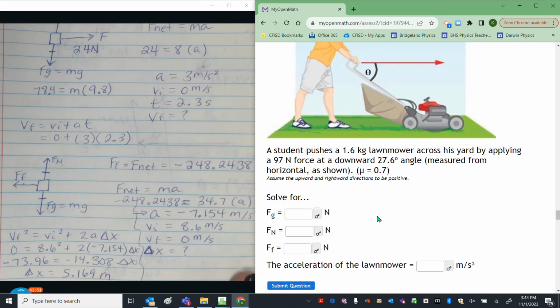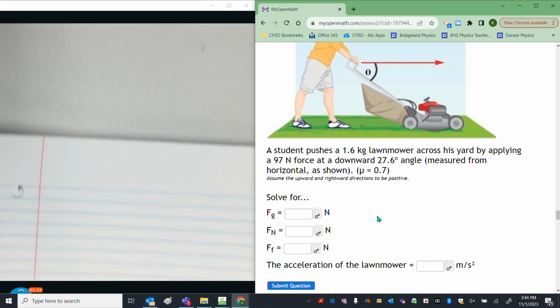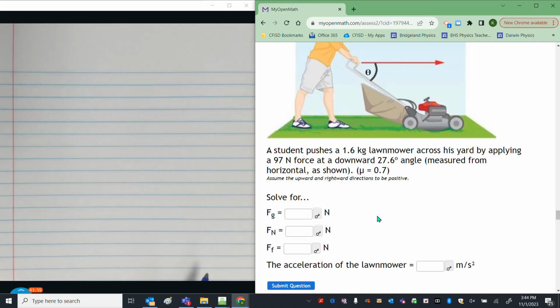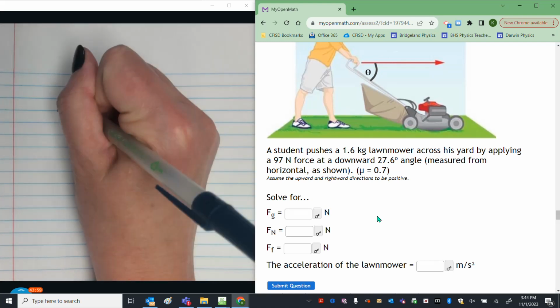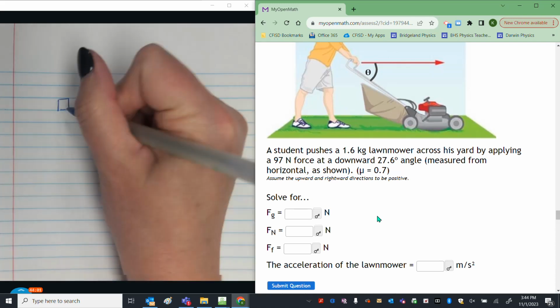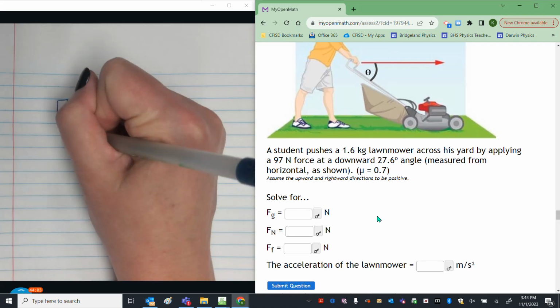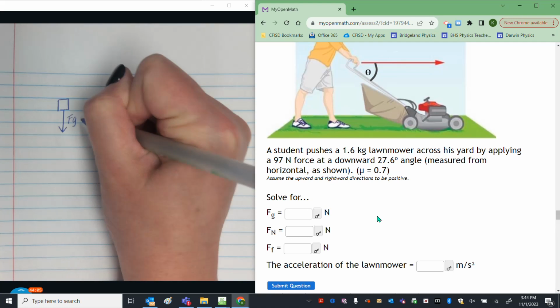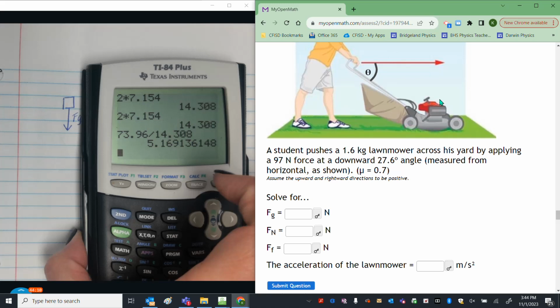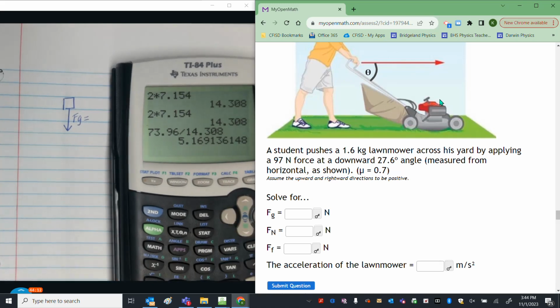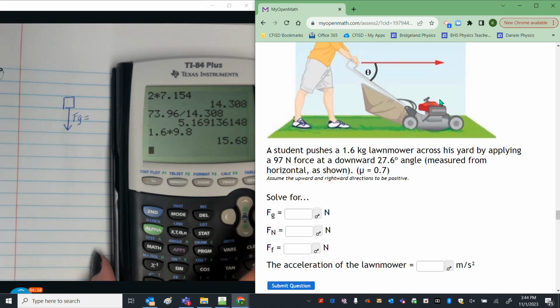So let's get a clean sheet of paper. Let's draw these on our free body diagram to get the practice. Fg is going to be a downward force. Fg is equal to mass times gravitational acceleration, which in this question my mass is 1.6, gravity is 9.8, so my weight of the lawnmower is 15.68 newtons.